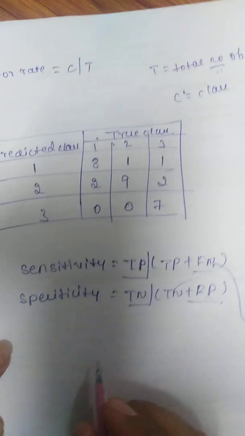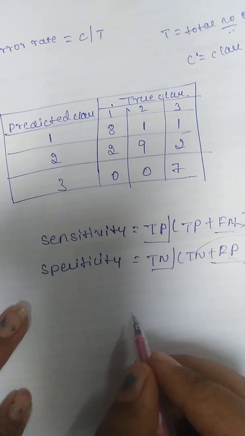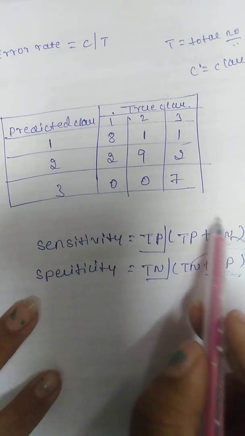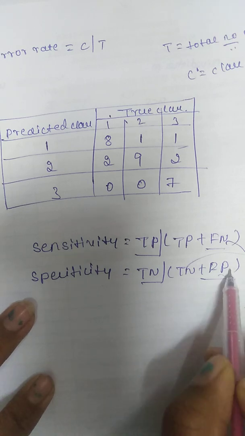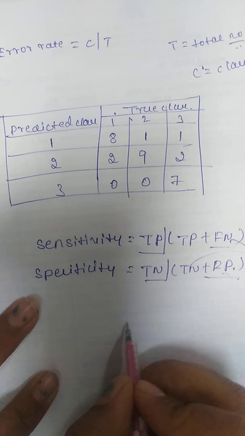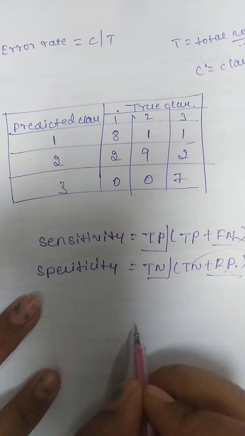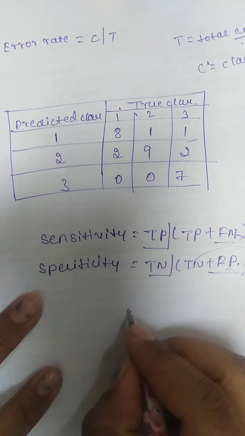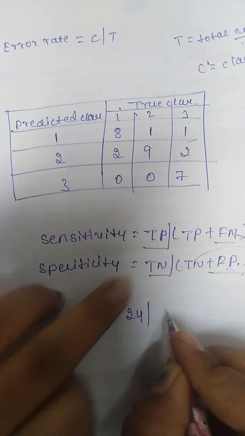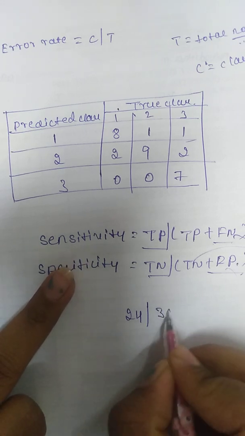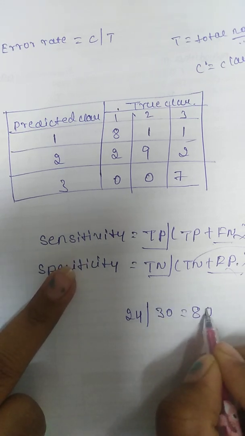I will take one example. What is sensitivity and what is specificity? How can we measure them? Here we already have the formula. For TP, I will take 24 divided by 30, which is equal to 80%.